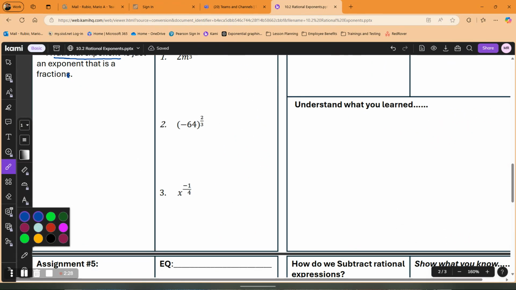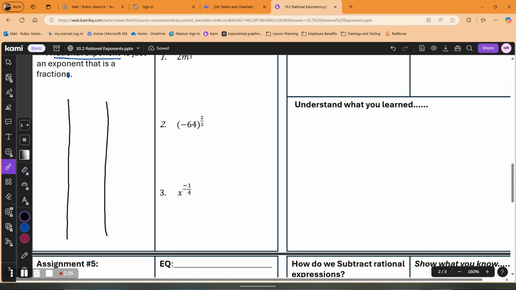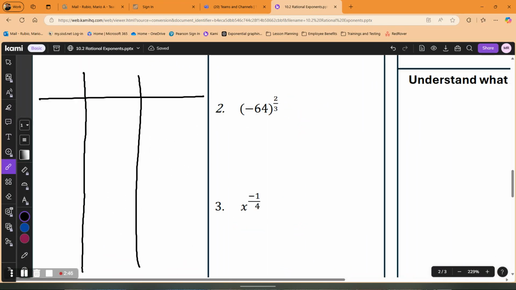So what I'm going to do here is I want you guys to draw a little grid, like a table, with columns 1, 2, 3. Let's start with that. Okay, draw a little fraction because we're going to put rational exponent here.